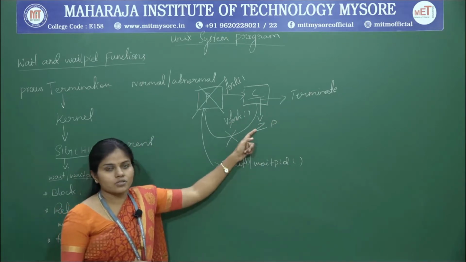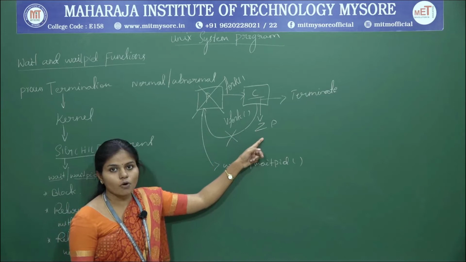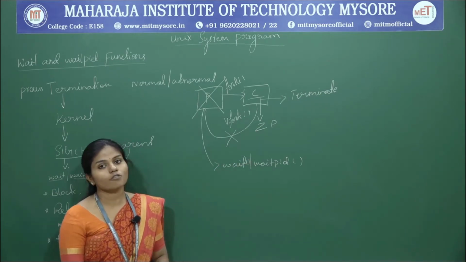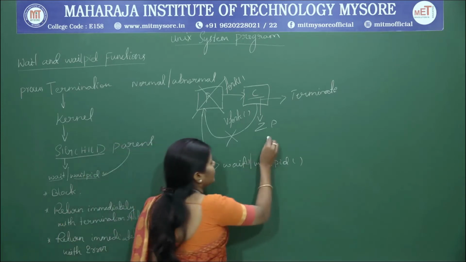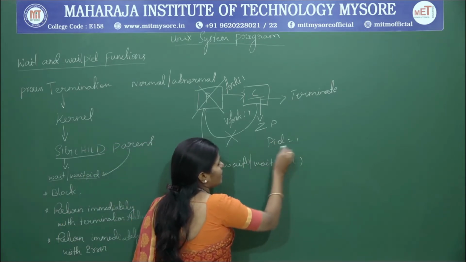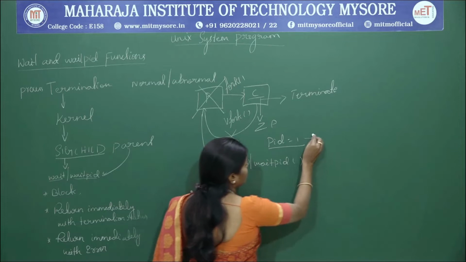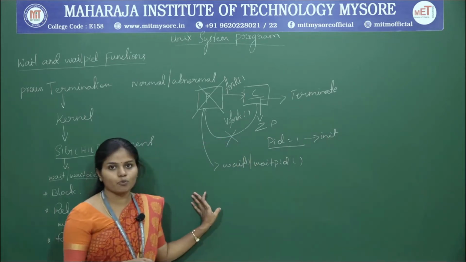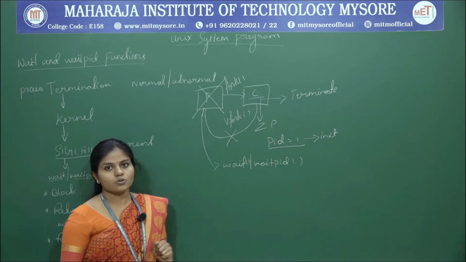So what is the solution for the zombie process? The kernel is going to make the parent process ID 1, which indicates that the init process becomes the parent process. So this is what a zombie process is.